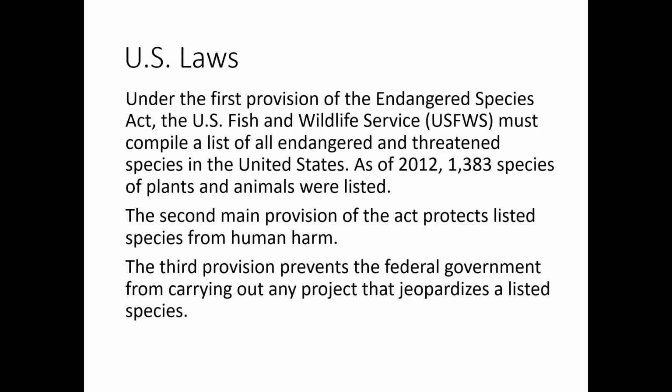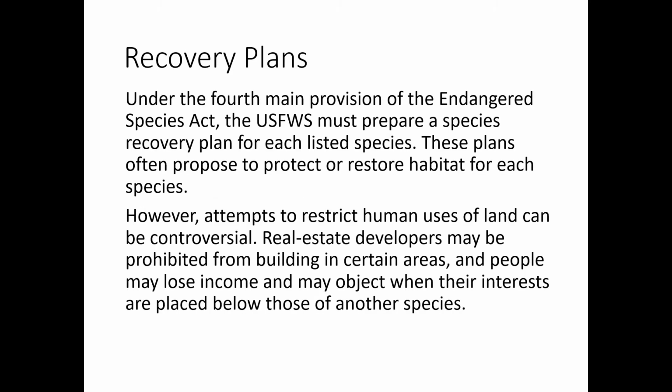And then the third provision is going to be preventing the federal government from using any land or carrying out any project that's going to jeopardize any species on that list. And then the fourth provision is going to be making a specific recovery plan for each of the listed species in there.